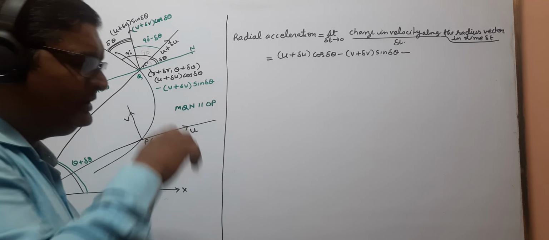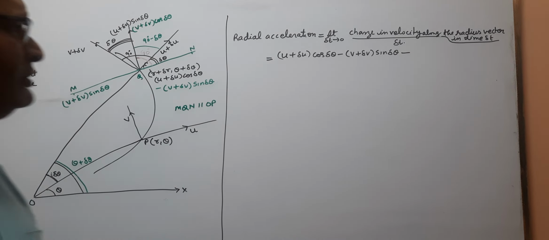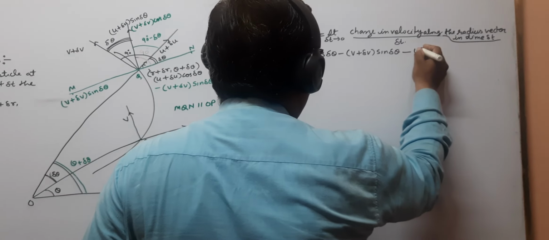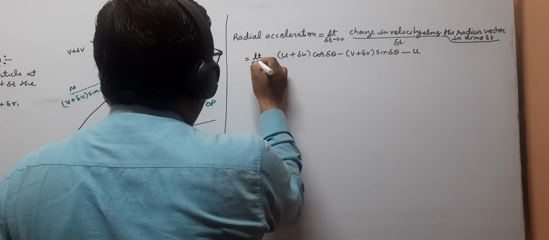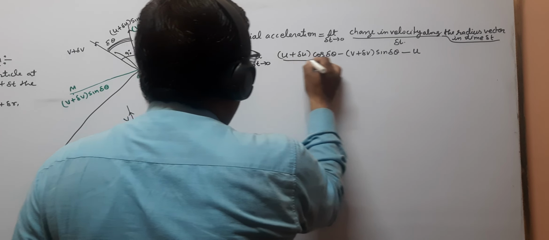Here the radial velocity at p point along the radius vector is u, divided by del t. Now we expand here cos del theta and sin del theta.